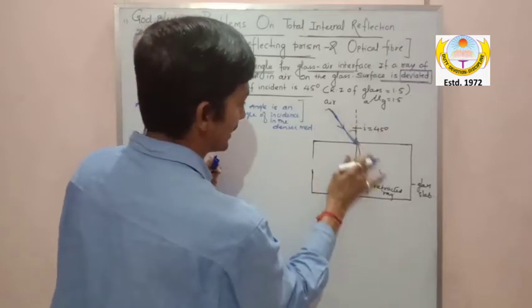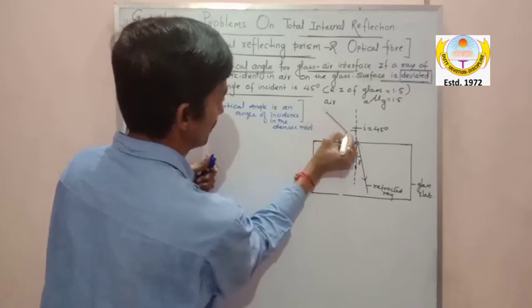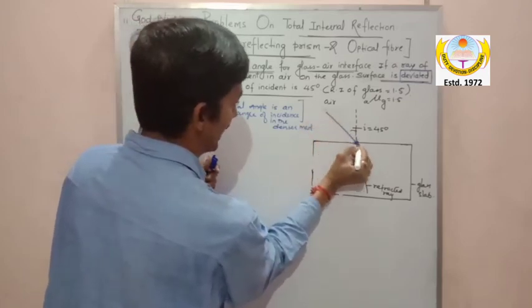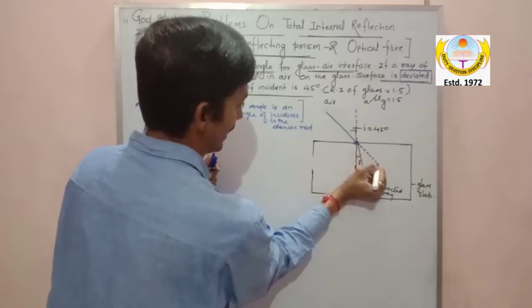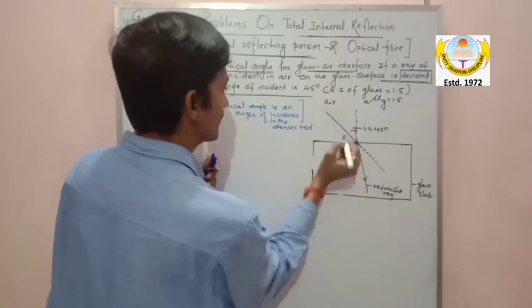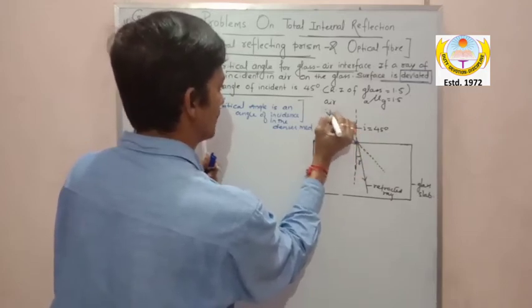Okay, and this incident ray, I am drawing like this, and it is going straight. Let us draw the straight line here inside the glass. Here it is making an angle of I, that is 50 degrees.